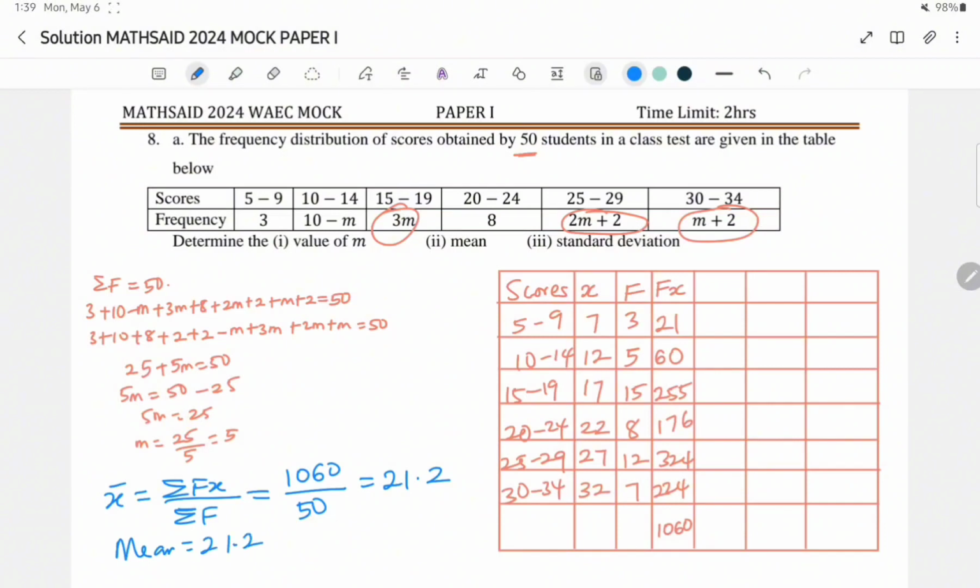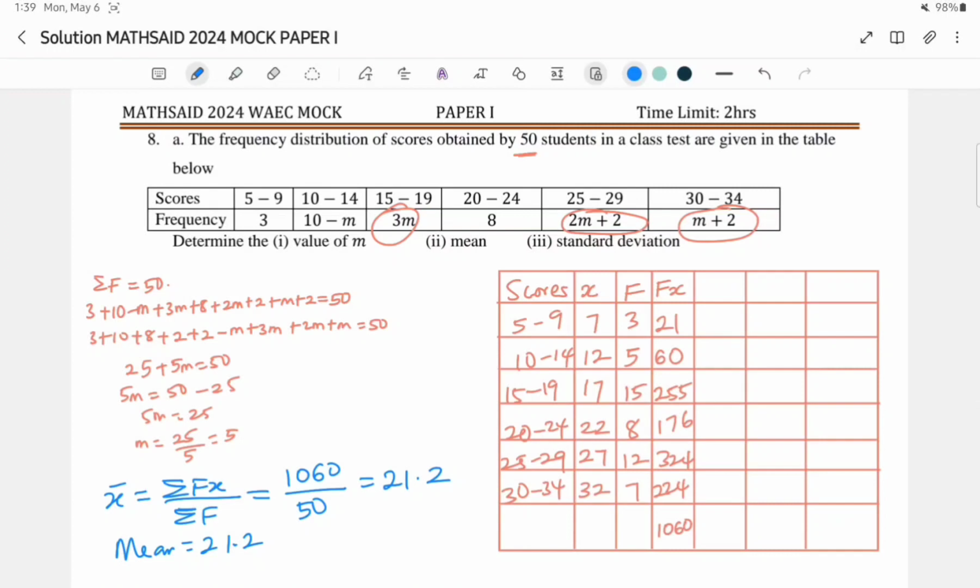Now we've calculated the value of the first two questions required of us. Now we have to calculate the standard deviation. Actually, when I was drawing the table of the record, I already knew the number of columns that I would need. Why? Because once you practice a topic enough, some things come naturally to you.